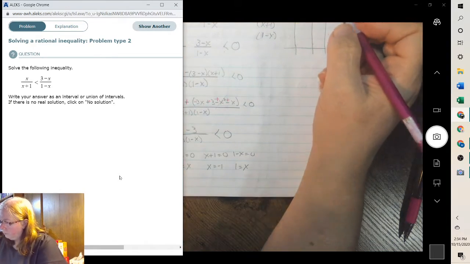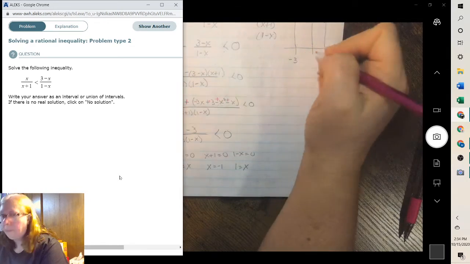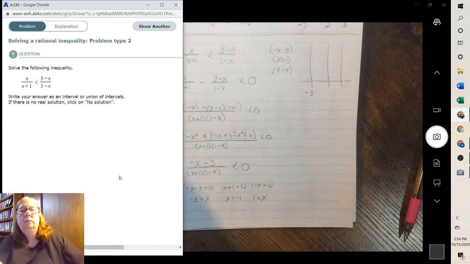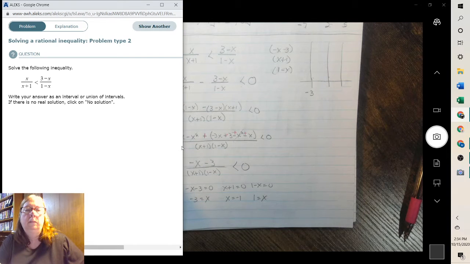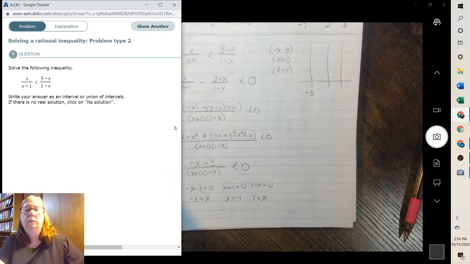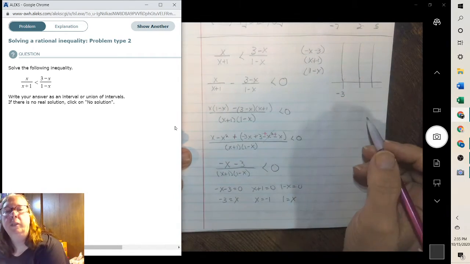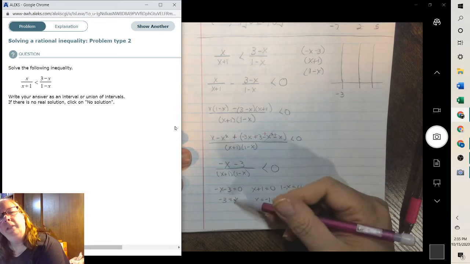Oh, sorry, I can't see it all. Sorry about that. So we have these 3 values.